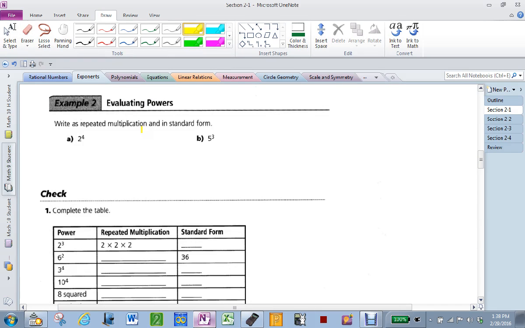Now just write this as it normally is. Repeated multiplication means no exponents. You write it out.